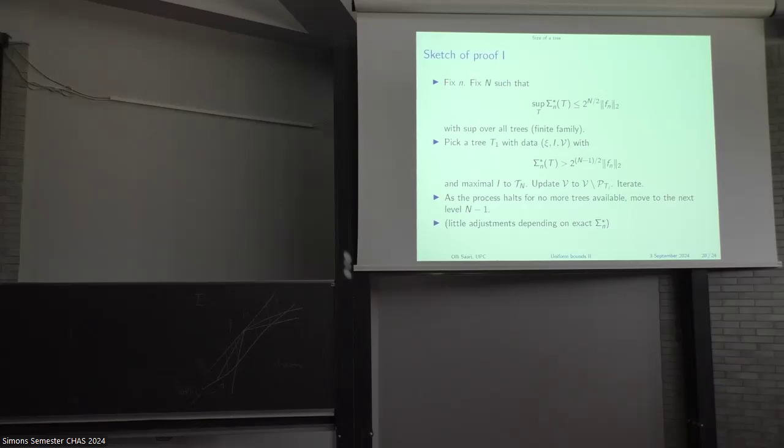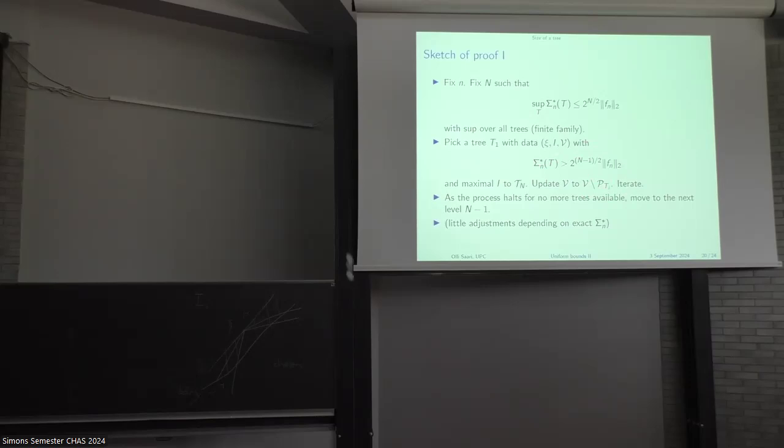So first, when we have fixed a coordinate, we find a large enough capital N so that any tree has size below the level we want. And this is now possible because we start with defining size. So in principle, we have some upper bound for it. Then we start picking trees in a greedy manner. So if the size is above the level that we will call the next level, we take it and we remove it from the reference family.